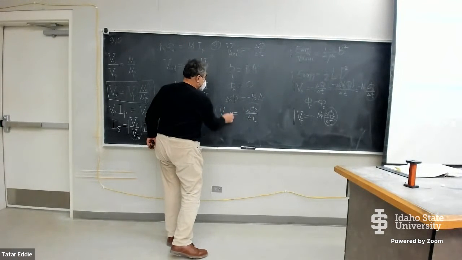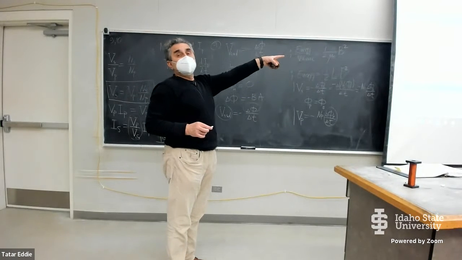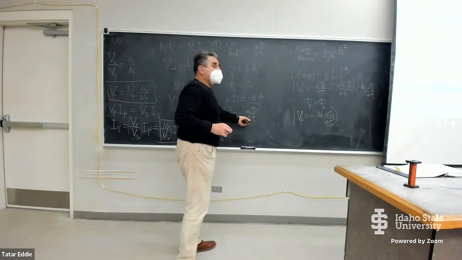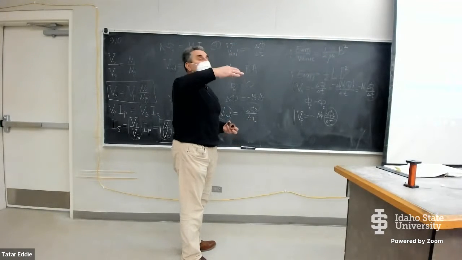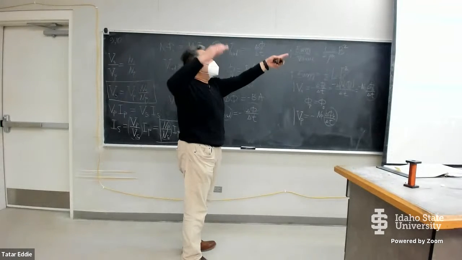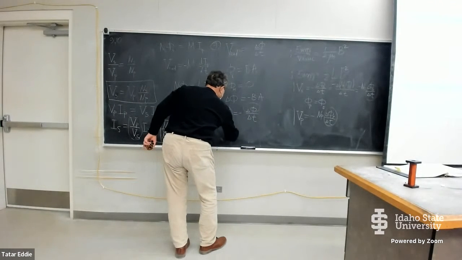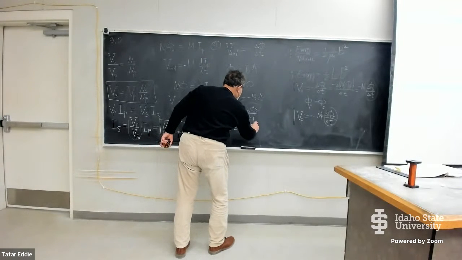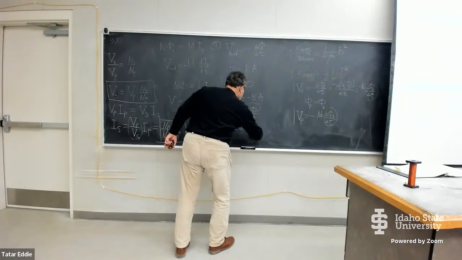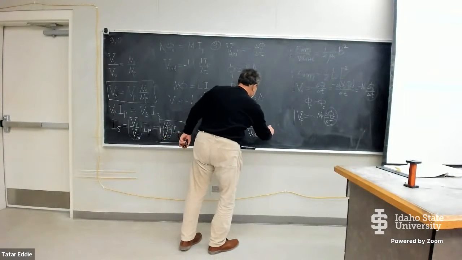They tell us induced voltage shouldn't exceed 100th of a volt. How much time do you have to reduce the magnetic field from 3 to 0? Well, the time interval, delta t, is going to be equal to delta phi divided by the induced voltage that is allowed. And you have to plug in numbers here.